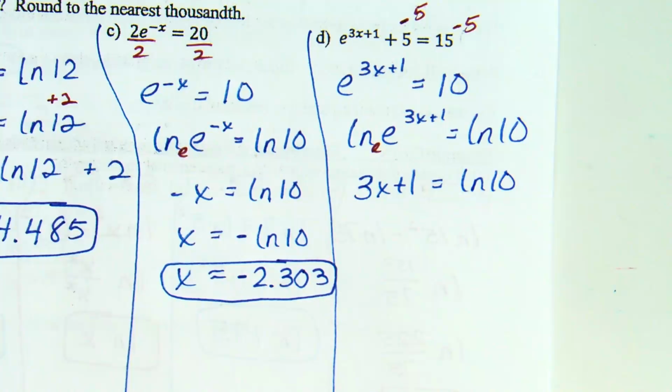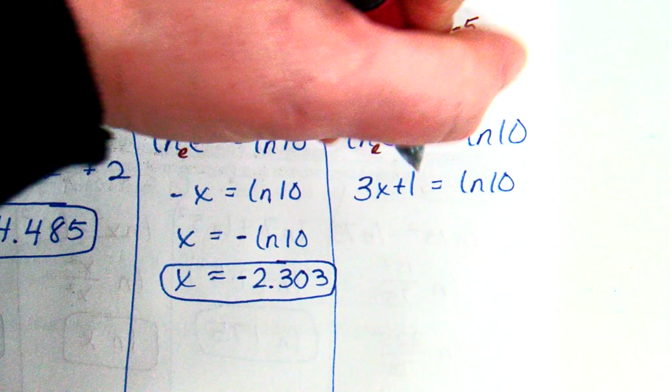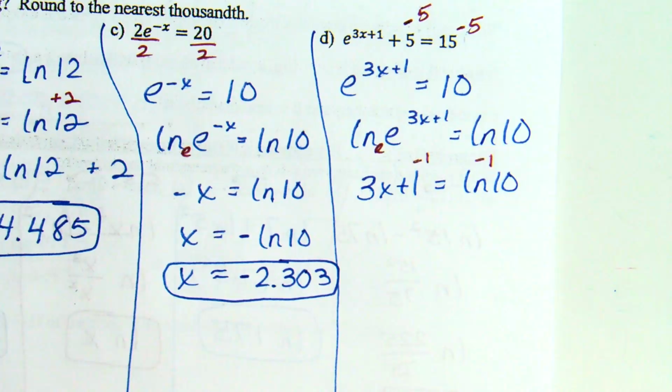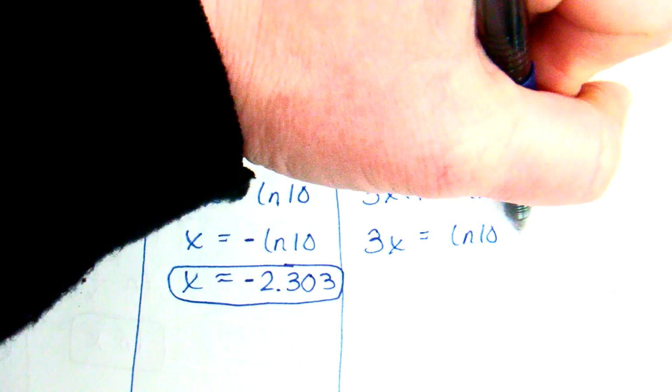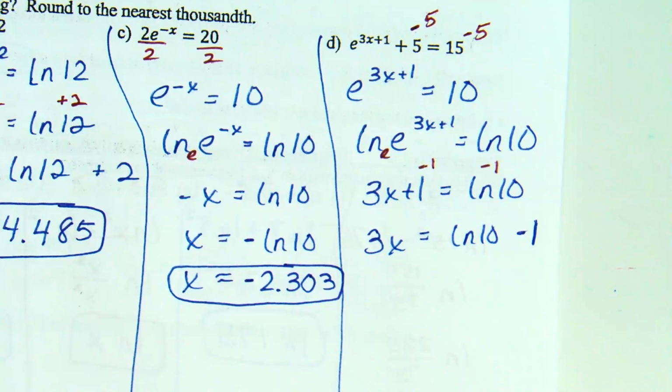And now, we have more solving, right? You're trying to get x by itself. If it's 3x plus 1, subtract 1. So when I write this, I'm going to write 3x equals natural log of 10 minus 1. That is not natural log of 9. Okay, there we go. Found a mistake.